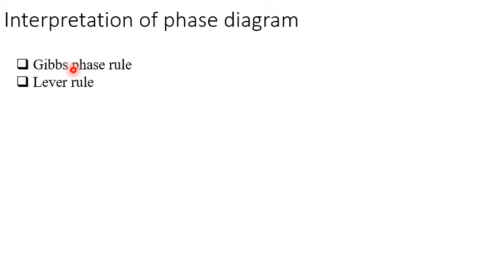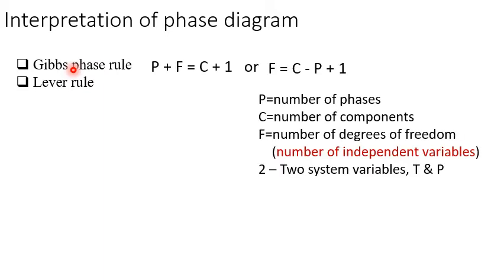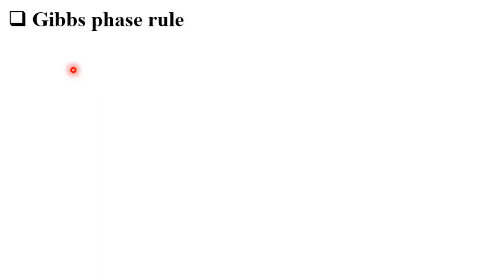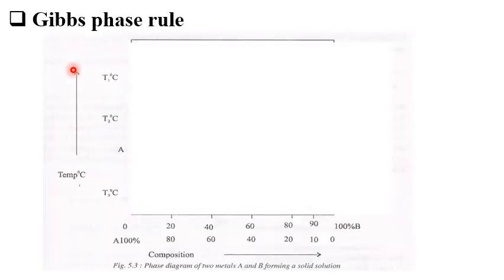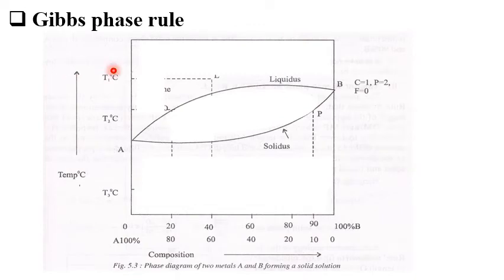number of phases or the number of degrees of freedom. So let's take an example. A phase diagram where the two components are completely soluble in the liquid as well as in the solid. Now just take an example of a temperature T1.